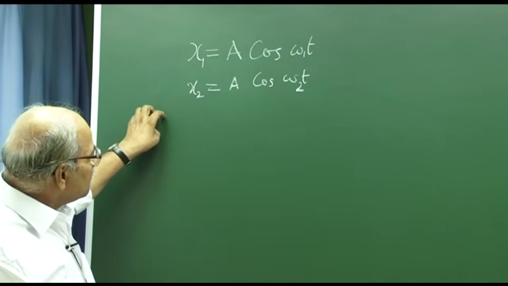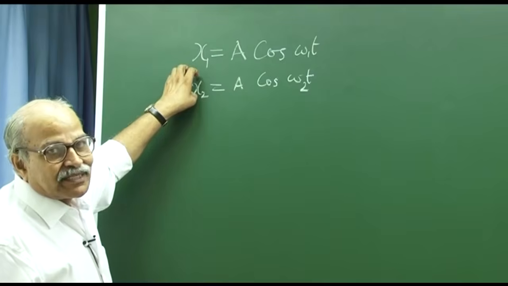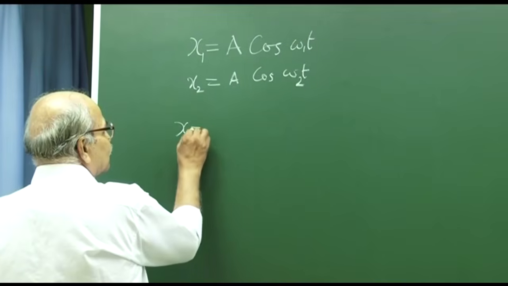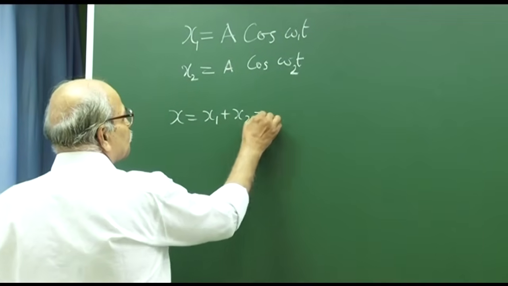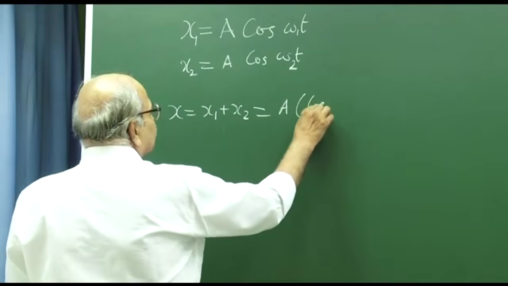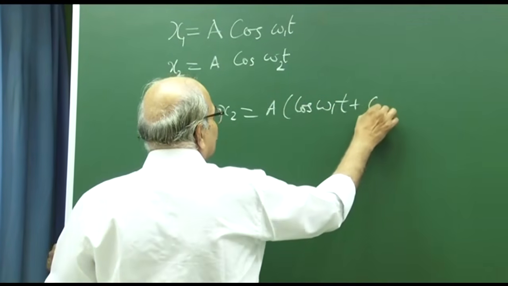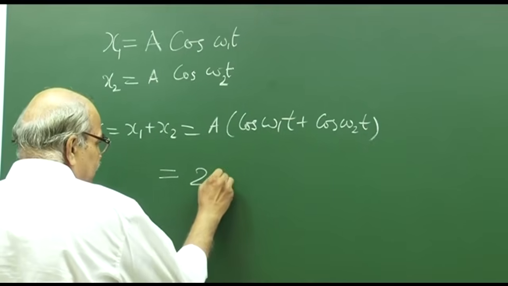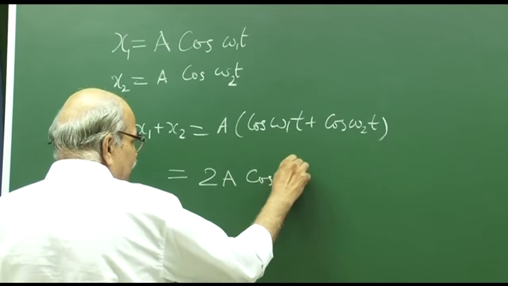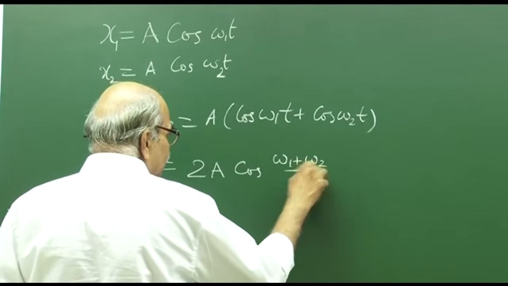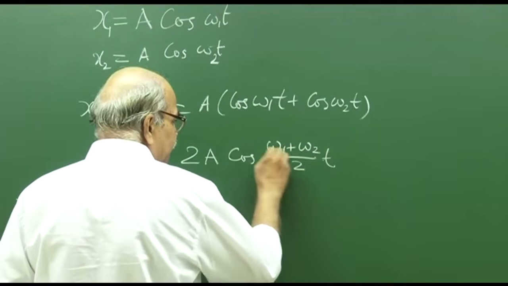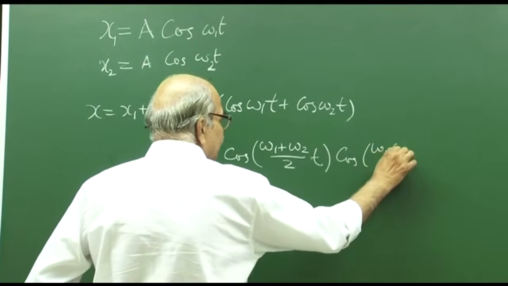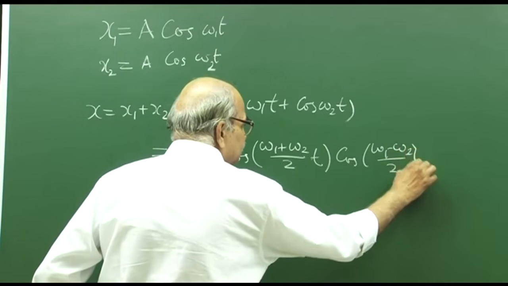If that object is given both these oscillations together, then it will have x, which is x1 plus x2, which will be a cos omega 1 t plus cos omega 2 t, and that will be 2a cos of (omega 1 plus omega 2)/2 t and cos of (omega 1 minus omega 2)/2 t.